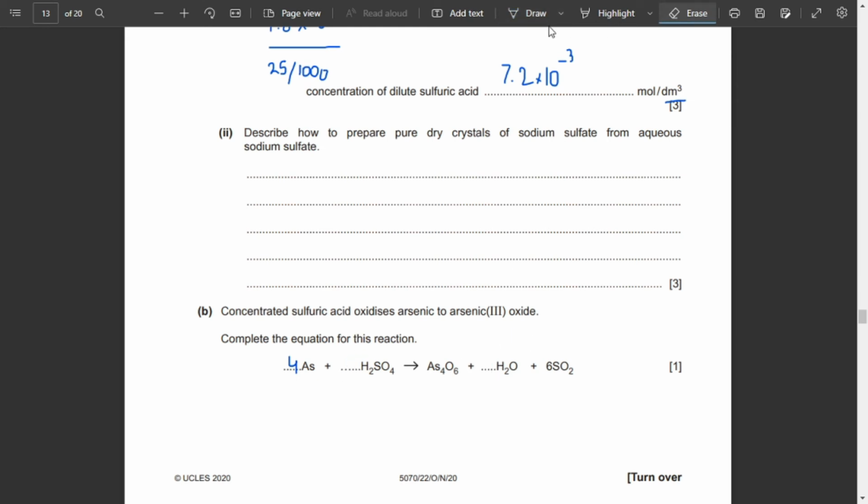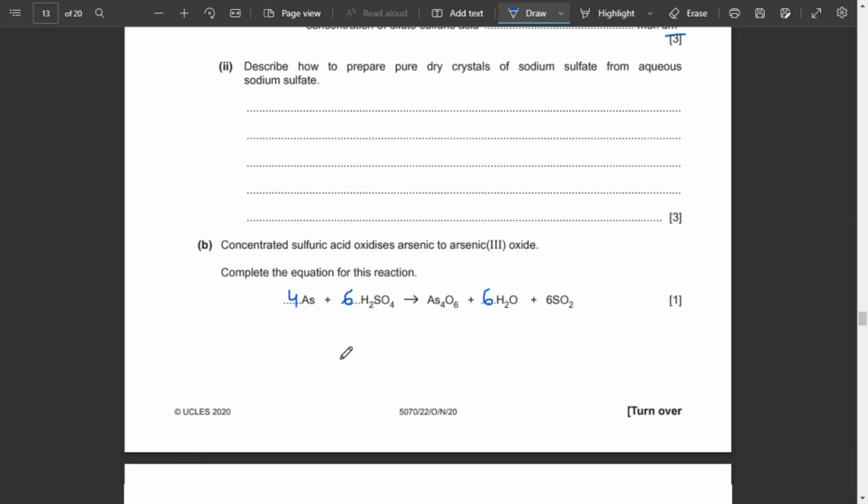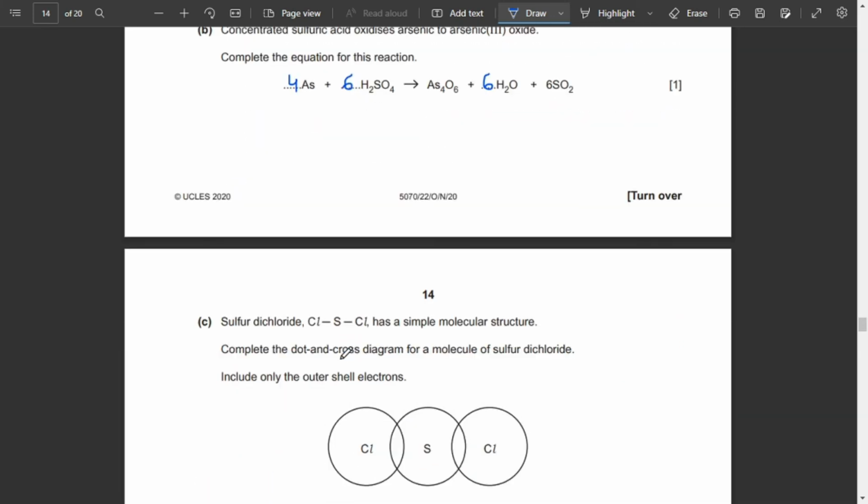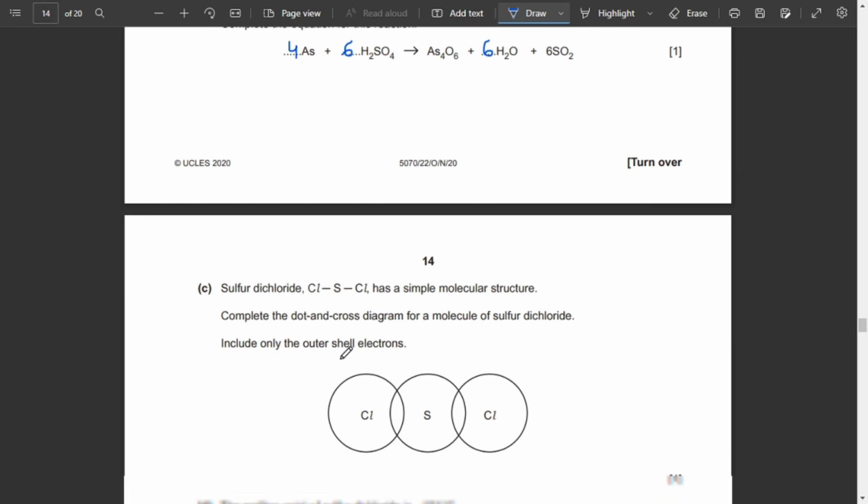We can put 6 over here for balancing it. So 6 and 6. This question is mainly done with trials and errors. You can do it. However, the greater you practice, the better you will get at this section, that is balancing of equations.